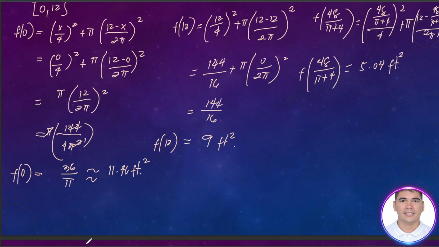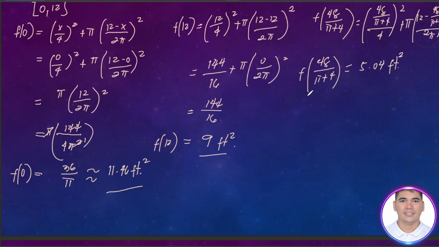So, going back, f of 0 gives 11.46 square feet, which is the area when only a circle is formed out of the wire. And then f of 12 is equal to 9 square feet, which happens when the wire is bent only as a square.